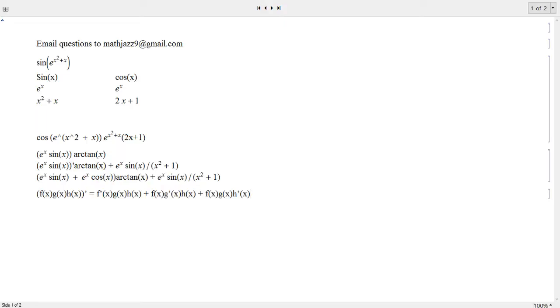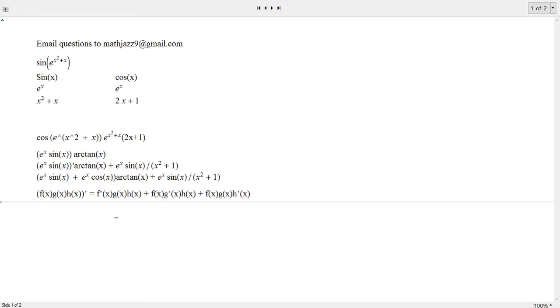So each function, f, g, and h, gets a turn at being the only derivative in a term where that derivative is being multiplied by each of the other functions. F prime g h, f g prime h, and f g h prime.